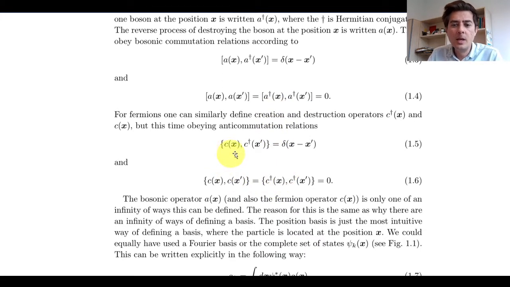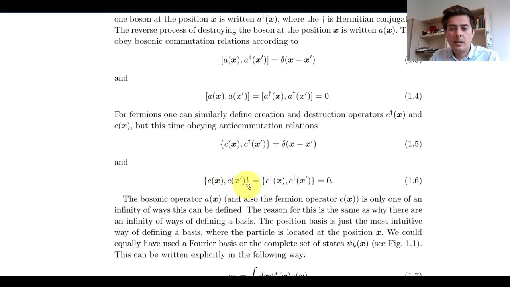So for fermions, very similar types of relations hold, except that these are now anti-commutation relations. Anti-commutation, of course, means that instead of it being A times A dagger minus A dagger A, this will be a plus sign between them. So C C dagger plus C dagger C is equal to this delta function.